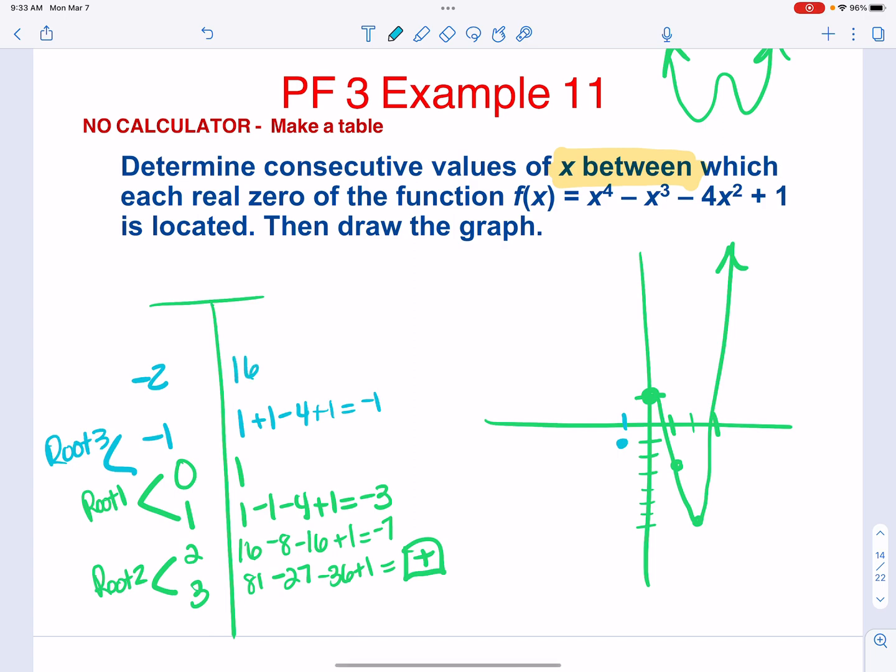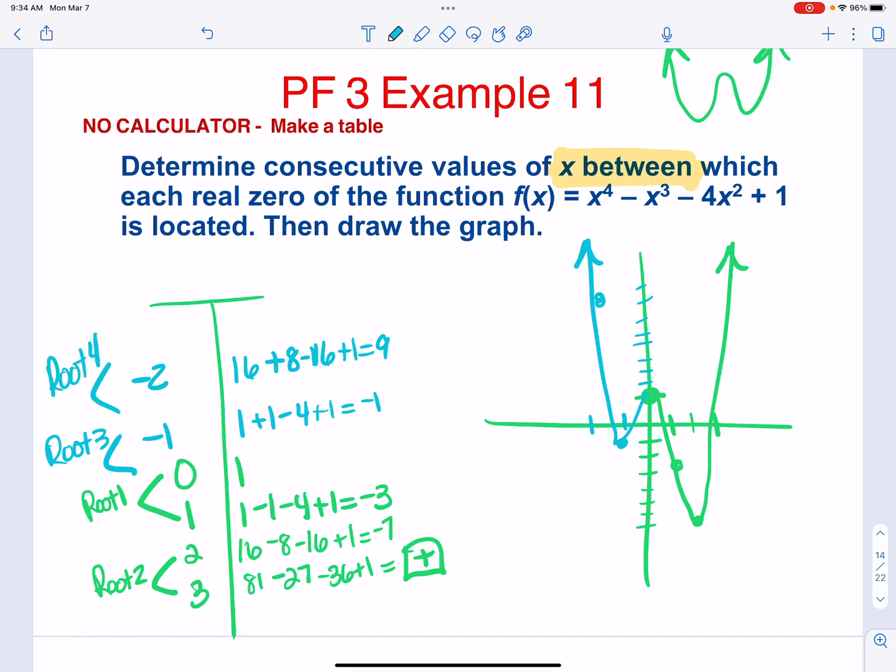That's 16 plus 8 because it's a negative, 2 squared, so minus 16 plus 1, that's 9. That's like way up here. Oh, that was too far over. So I'm going to cross, and here's my other root. So there are my 4 roots.